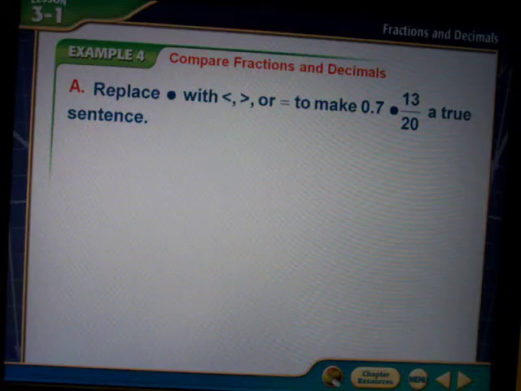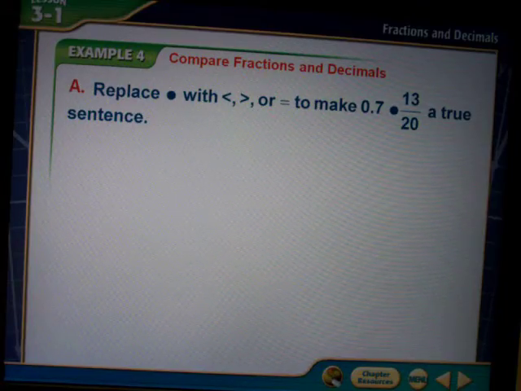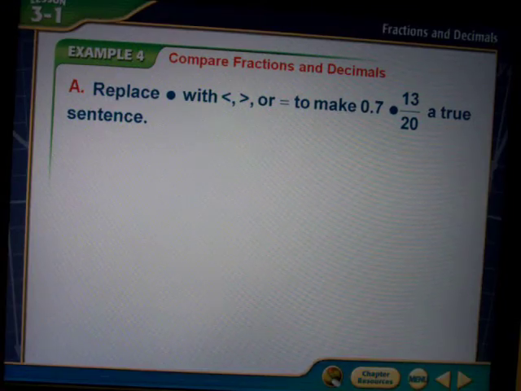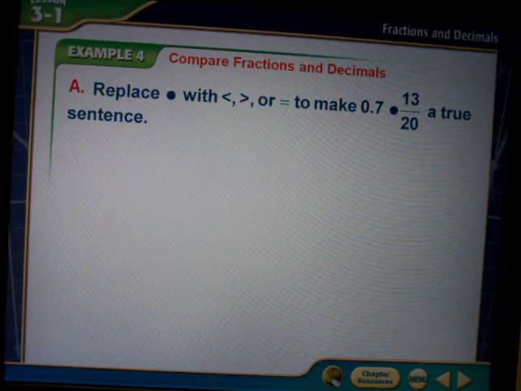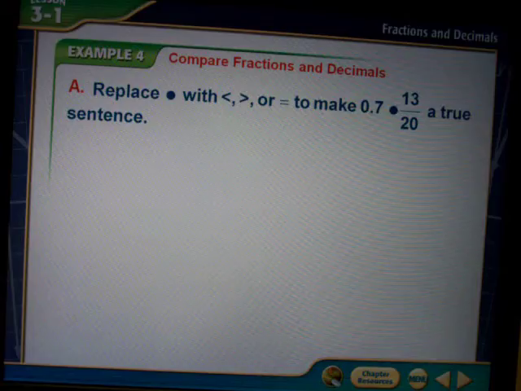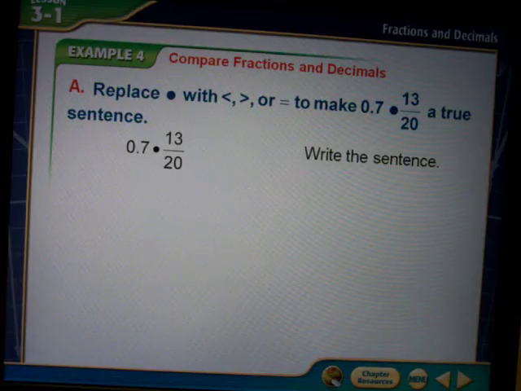Now we're going to do some comparing with fractions and decimals. You're going to replace the dot with the comparison symbols or the equal sign to show a true statement regarding 7/10 and 13/20. So you're going to want to convert. Well, you can do it two ways.